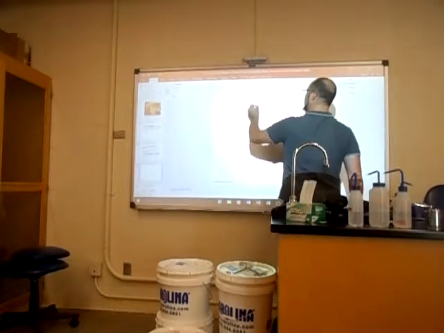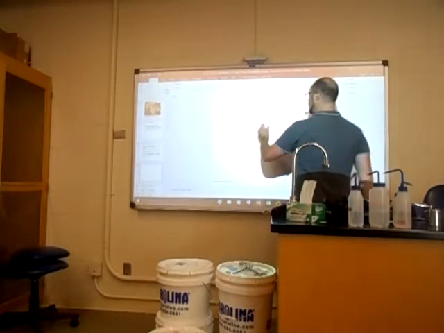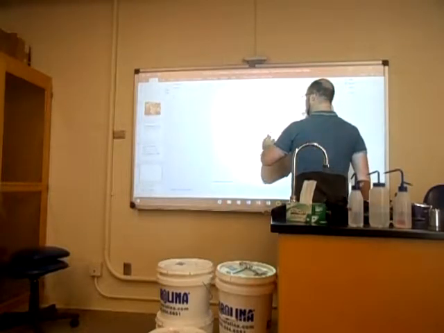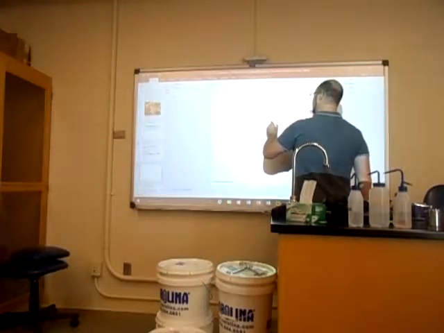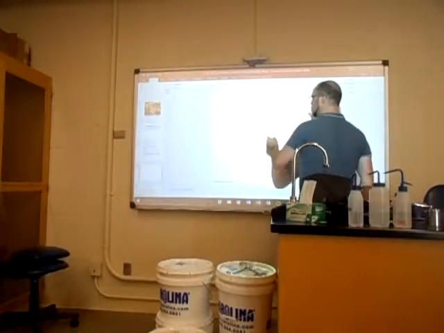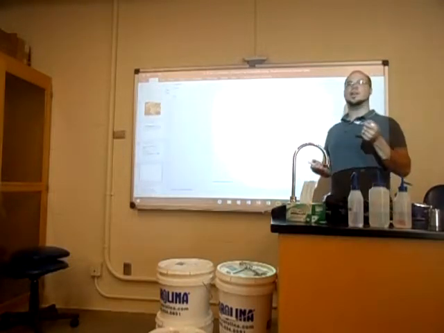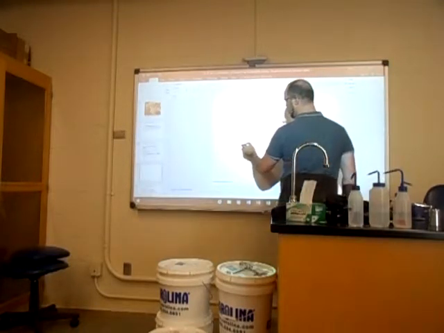Here's our trachea right here, bringing the air down through our throat, about the level of mid-sternum. It divides into the primary bronchi. Each one delivers air to each lung. The primary bronchi then divide as well.